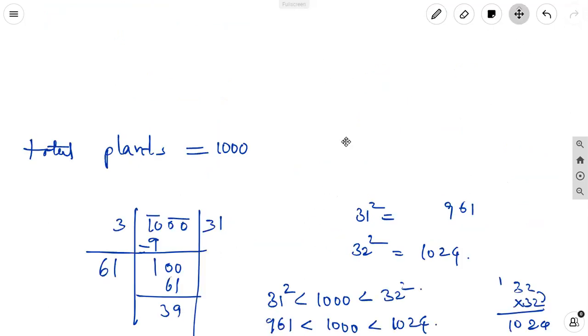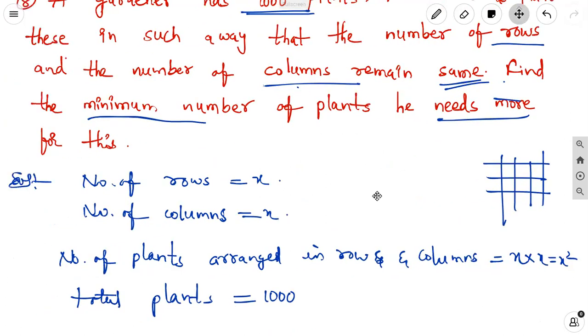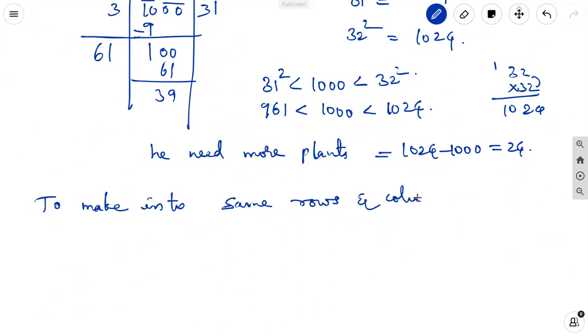Okay. What they are asking here again, find the minimum number of plants he needs more for this. So he needs more plants to make the same rows and columns.